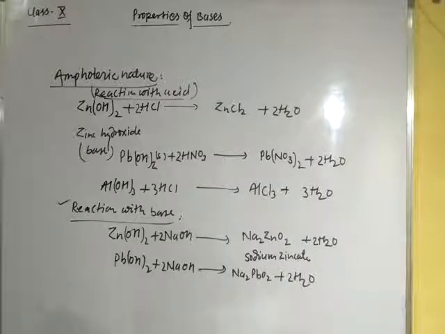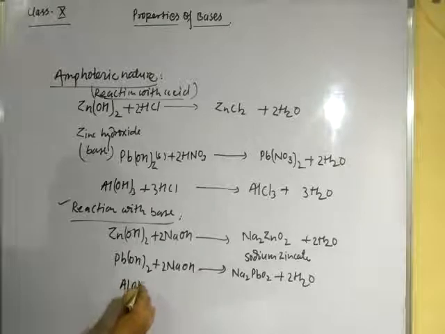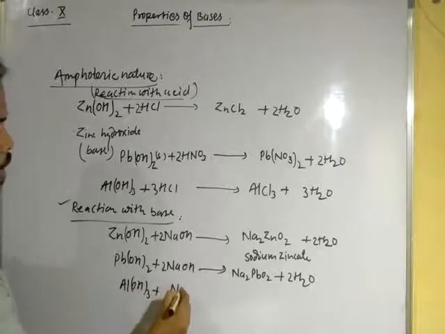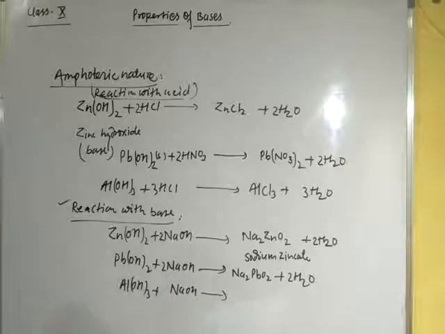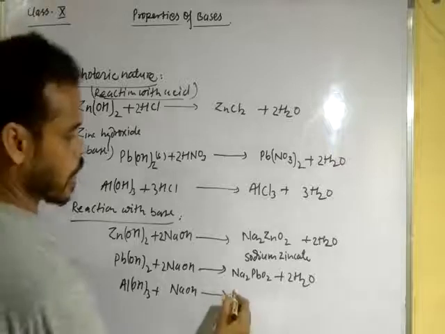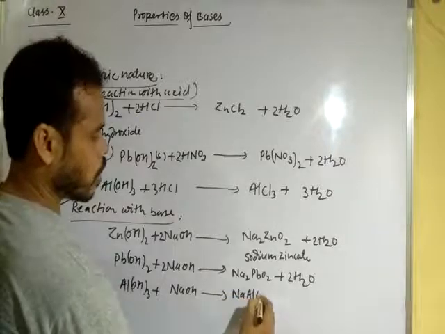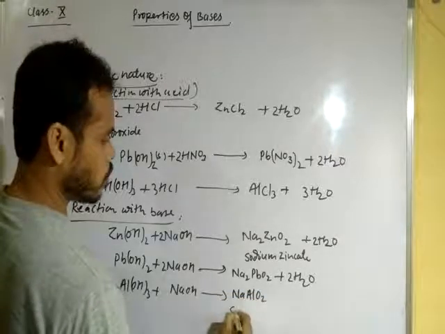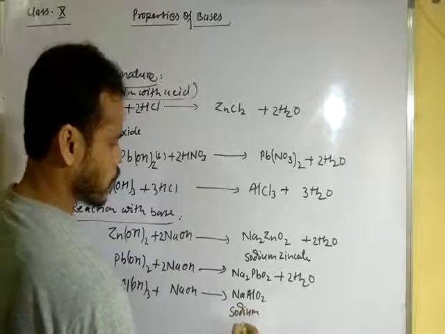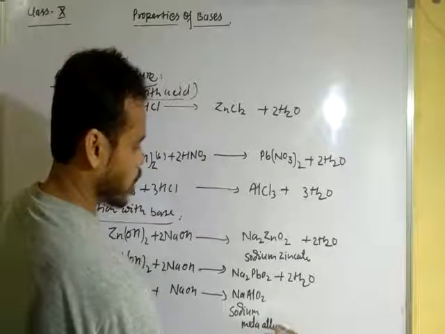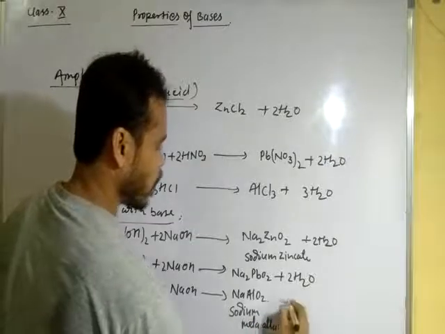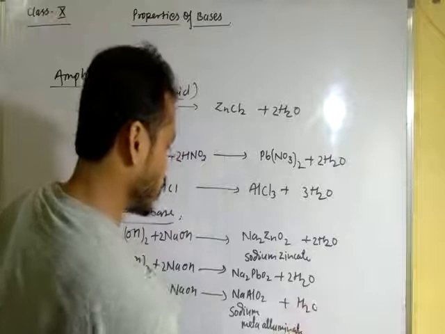Okay, dear student, next one is aluminum hydroxide. When aluminum hydroxide is treated with NaOH, it forms sodium meta-aluminate, NaAlO2, and also water as a byproduct.